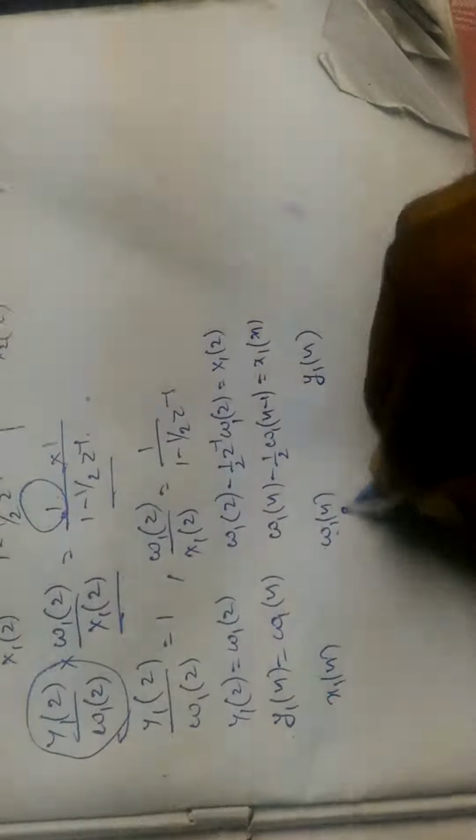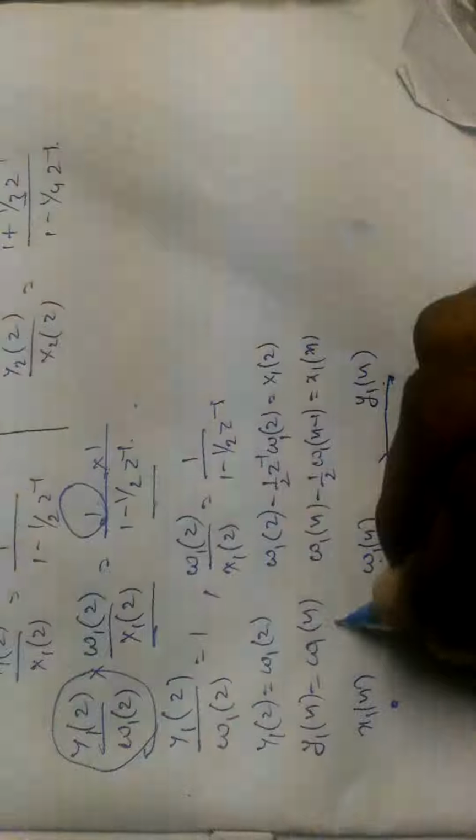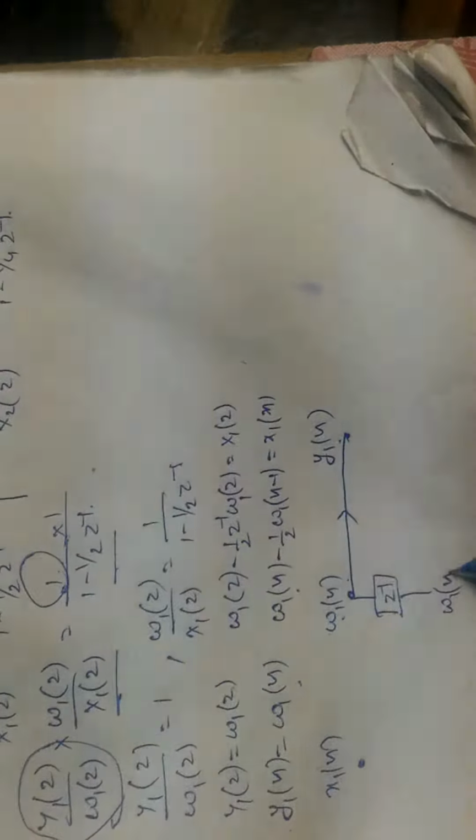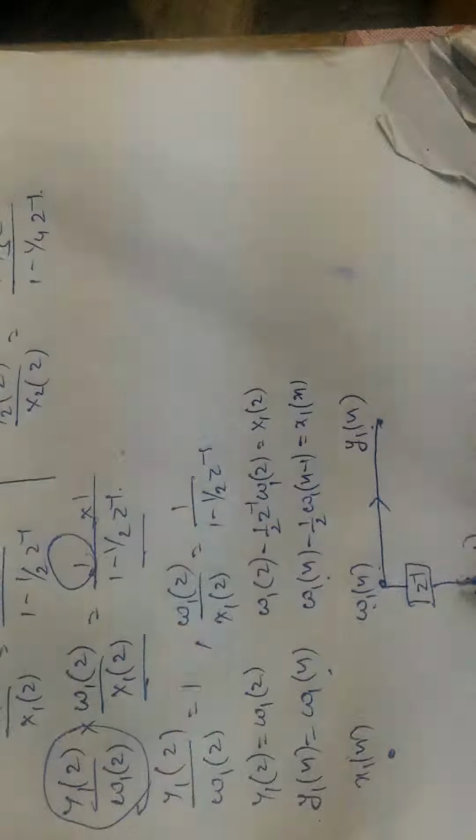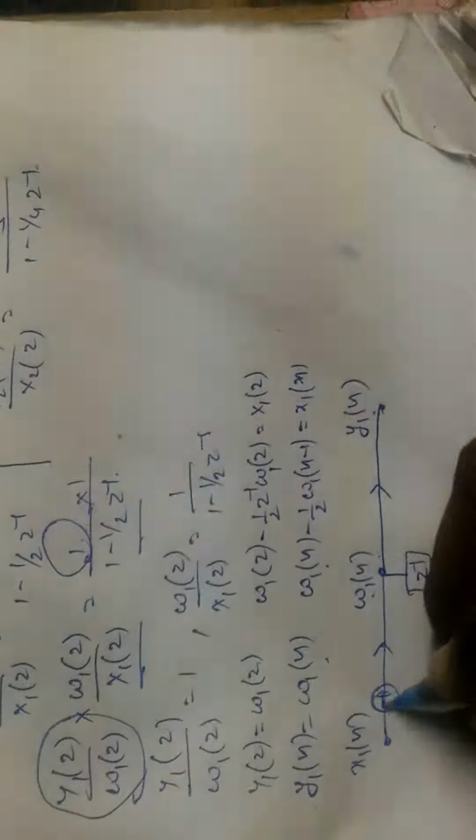Then next consider x1(n), w1(n), y1(n). y1(n) is directly w1(n). The z inverse gives w1(n minus 1), and this is the summation point.